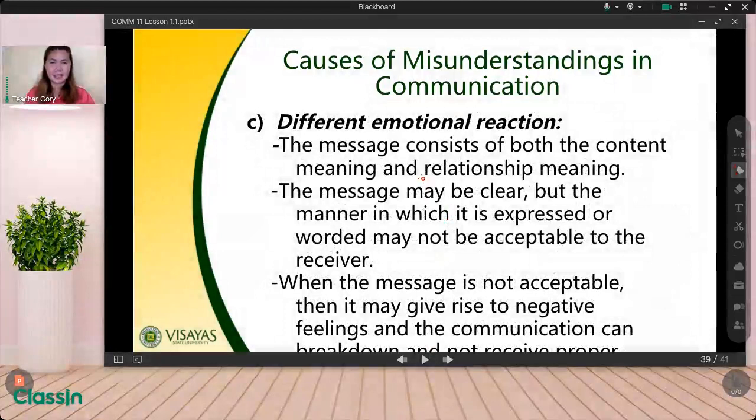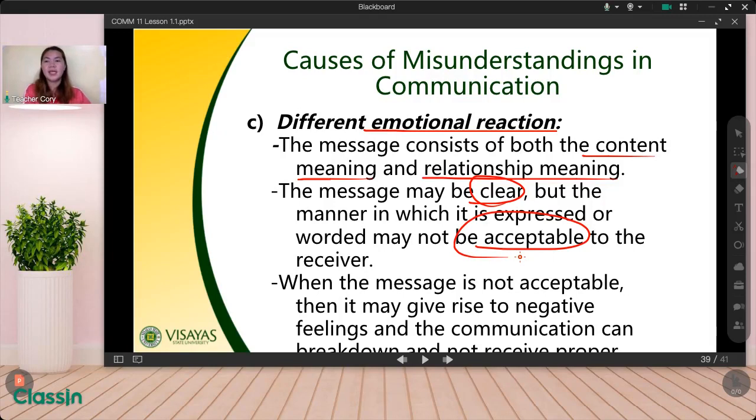Okay, next, different emotional reaction. So the message consists of both the content meaning and relationship meaning here. So emotional reaction. The message may be clear, but the manner in which it is expressed or worded may not be acceptable to the receiver. So it creates a filter.